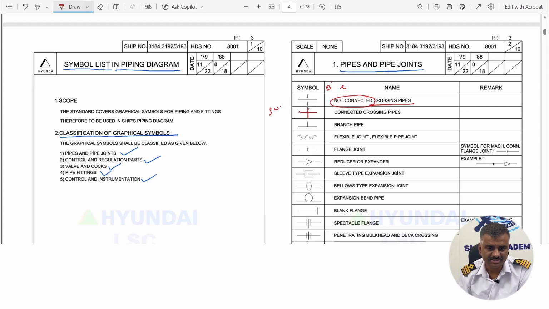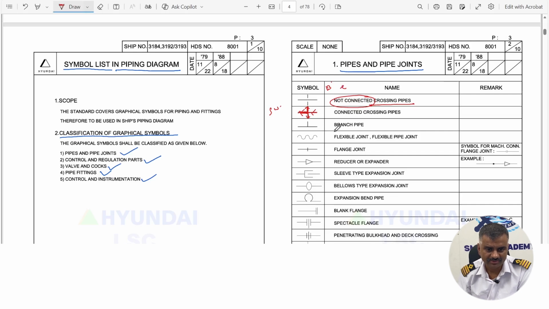Maybe this is a seawater line or a bilge line or a fuel oil line or whatever line it is, but they are common lines. That is why they have been branched like this and they are connected. Flow may be coming from here going in this direction and this direction also, branching to the other directions also. So they are not separate lines, they are common lines.